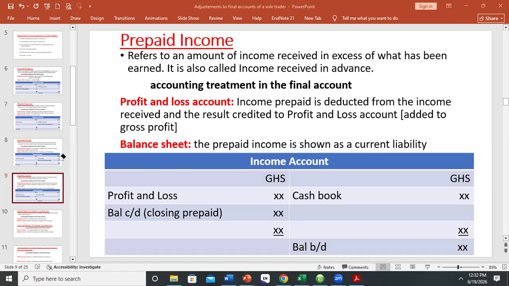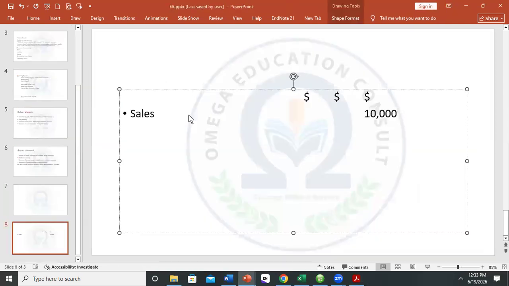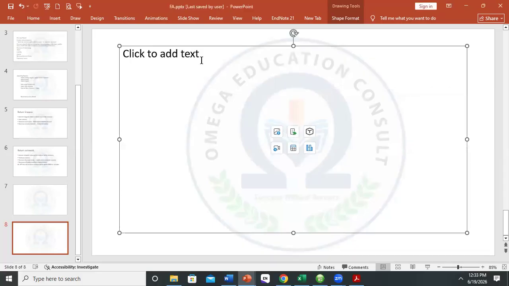So before we move on, we have looked at 4. Let's see if we can draw some summaries. And these summaries are very important. So let me come down here. We have seen 4 of them.